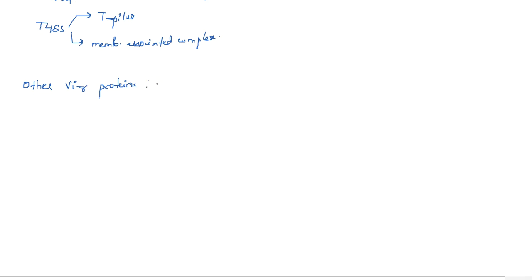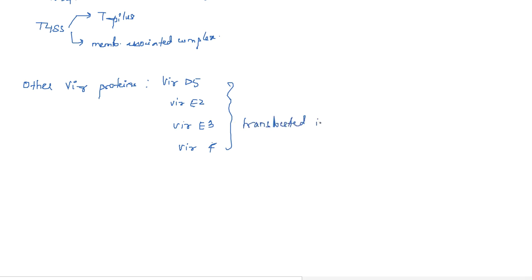That is Vir B5, Vir E2, Vir E3. E3 is helping Vir E2 to enter the nucleus. Vir F is an F box protein, and all of them are translocated into the host cell.